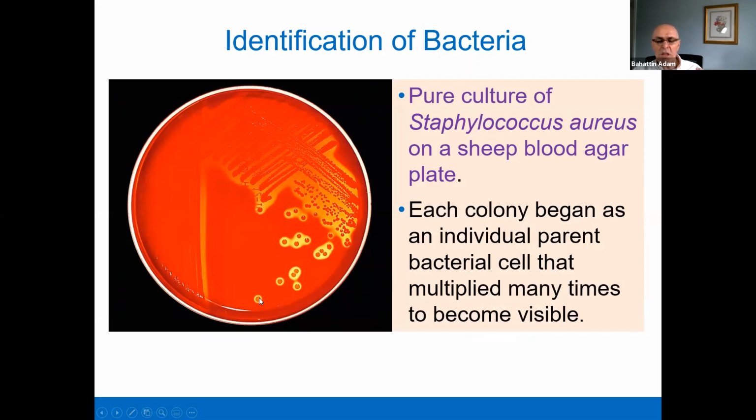They started with a single cell, a single bacterium, and then they grow and become visible. Now, the appearance of the plate sometimes helps us to differentiate the bacteria. I am going to show you in a few minutes.